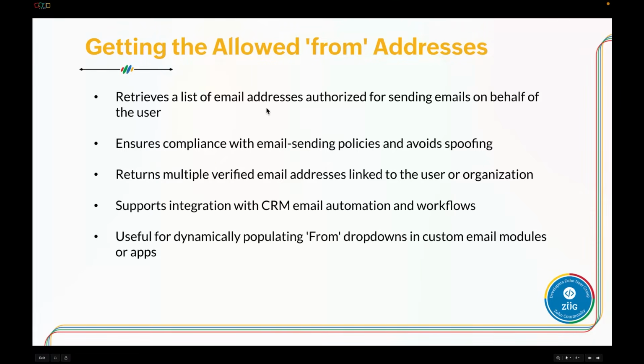So you can programmatically get all the verified from addresses tied to the user and the org email address. Second, it helps ensure compliance with email sending policies and protects against spoofing, which is important to maintain email security and trust. Third, the API returns multiple verified email addresses, which is useful when users have several email aliases or roles.